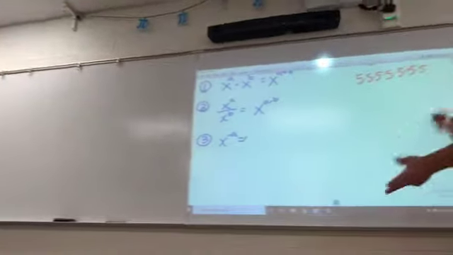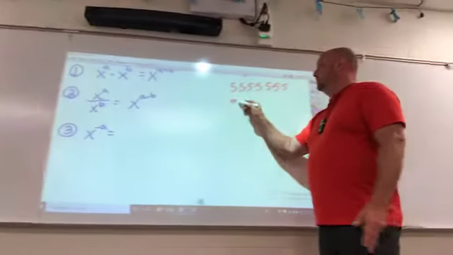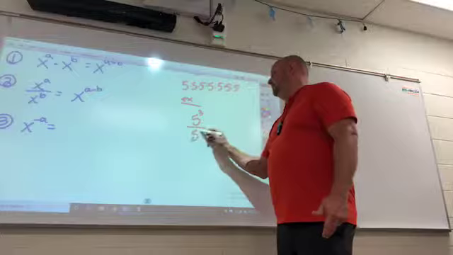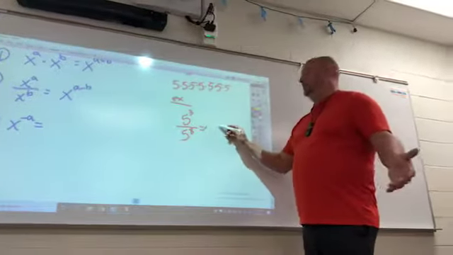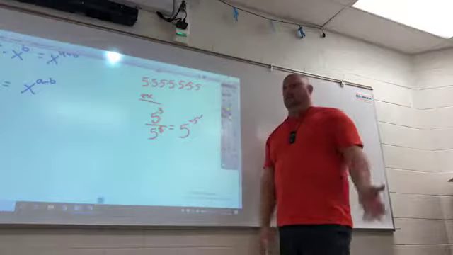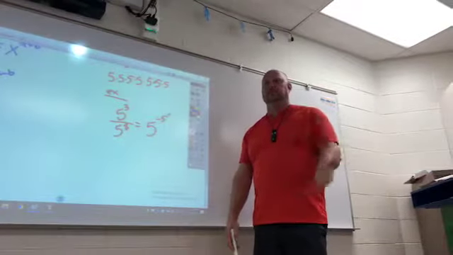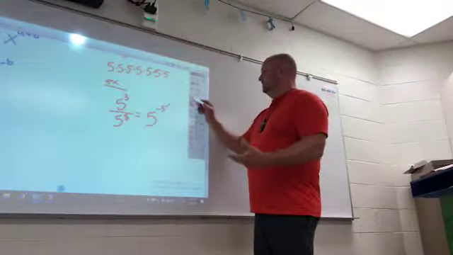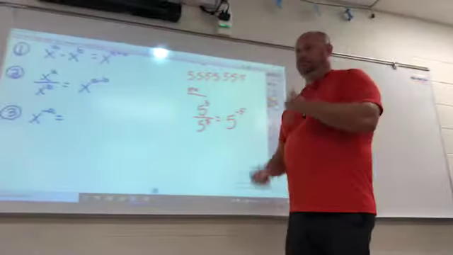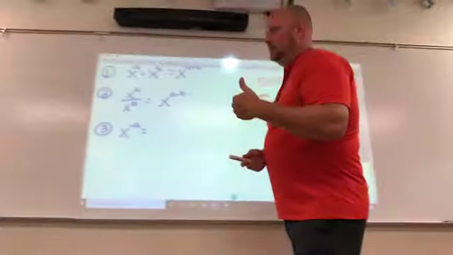For example, 5 to the third divided by 5 to the 8th. So you subtract and you get 5 to the negative 5. Well, now I've got a negative exponent. What does that mean? What do we do with negative exponents? You have to move it to the other side so that you can make the exponent positive.